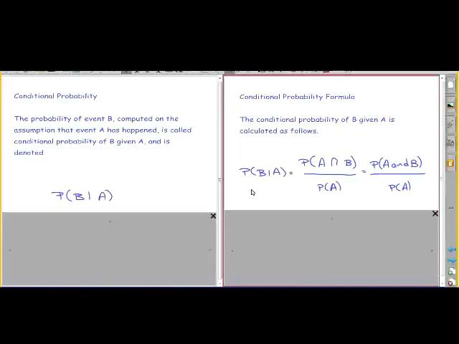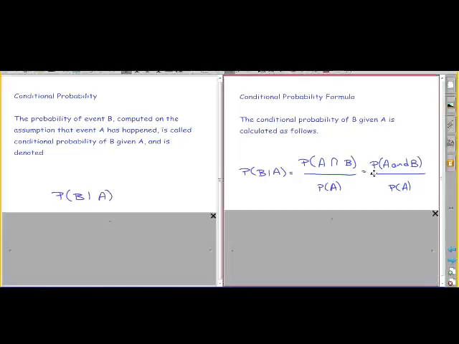And the way you calculate conditional probability is using this formula. It says the probability of event B occurring given that event A has occurred is equal to the probability that A and B will occur divided by the probability that A has occurred. This is the symbol for intersection, but in this particular semester, we can just use the word and.